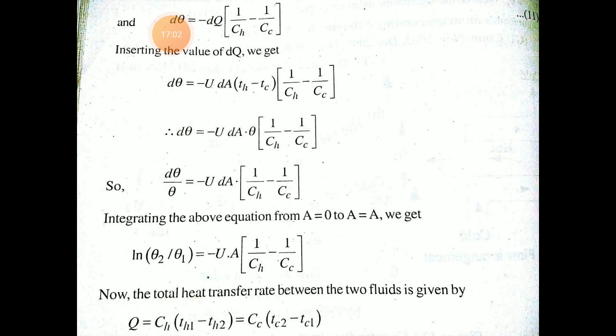Apply the same steps as in the previous derivation. Integrating this equation within limits 0 to A, we get ln theta 2 upon theta 1 is equal to minus UA (1 upon Ch minus 1 upon Cc).